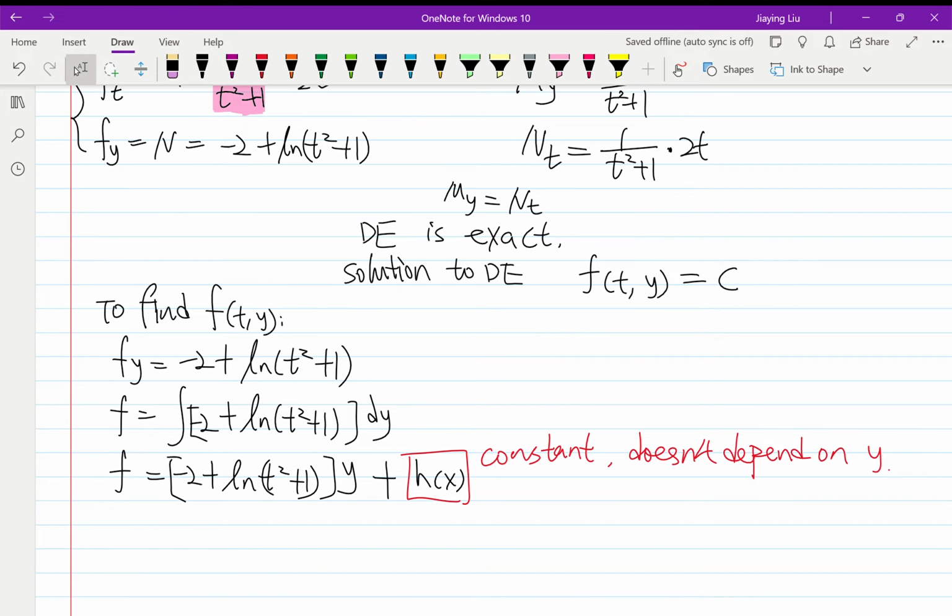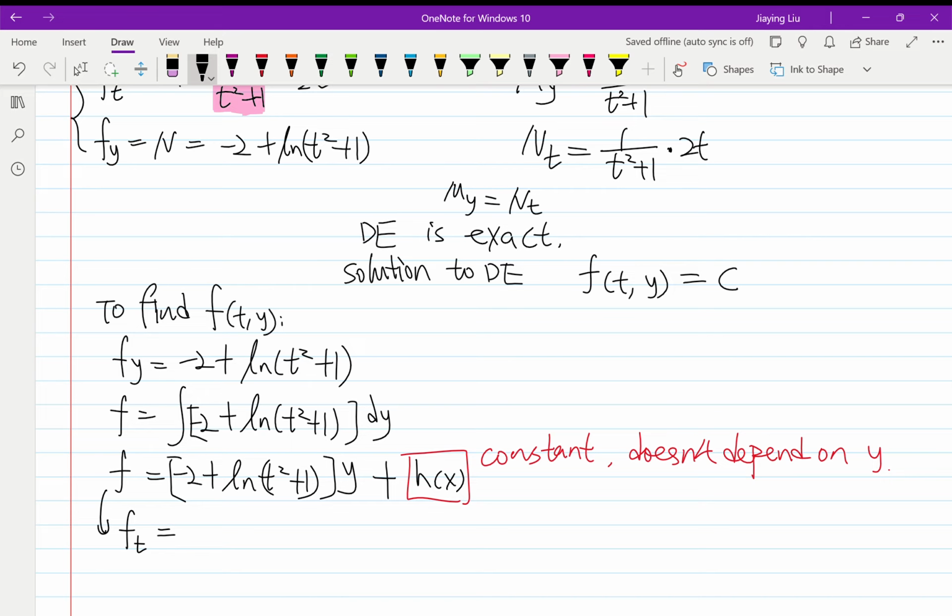Okay, so how do we figure out what that term is? Well, we used f_y to get to this point. That means we can use f_t, the M there. So let's find the partial derivative of f with respect to t. When we take the derivative with respect to t, this is a constant, so don't worry about the y.